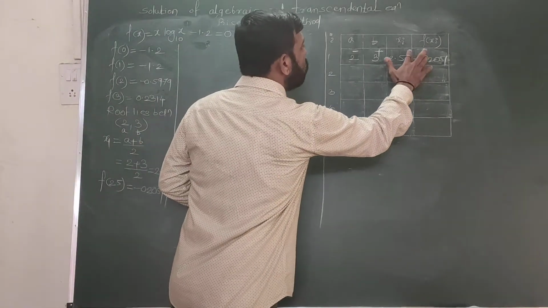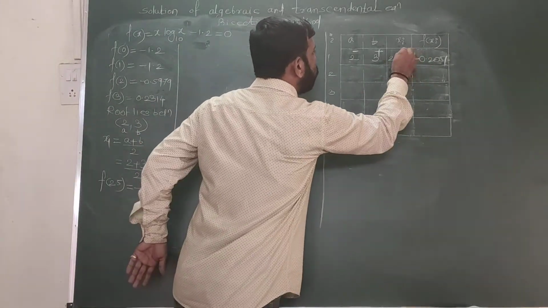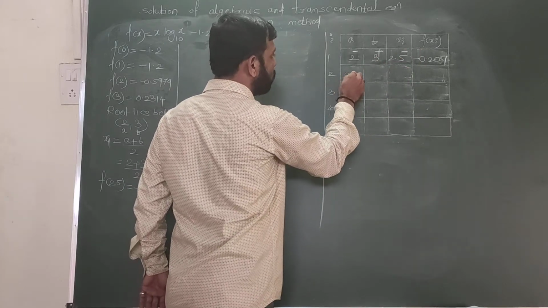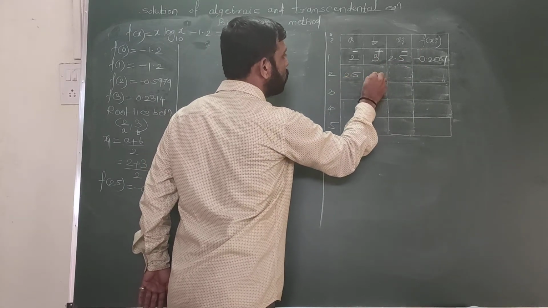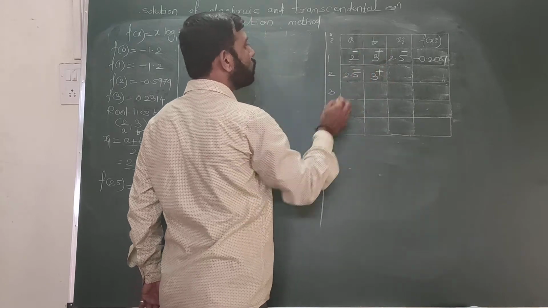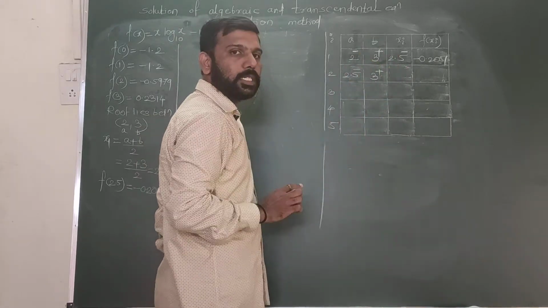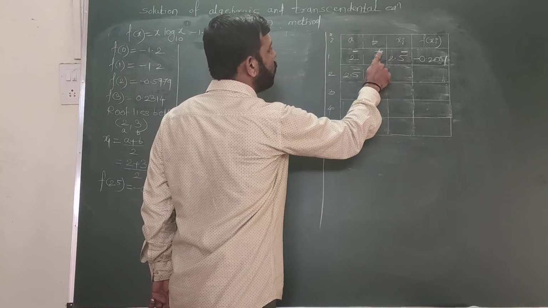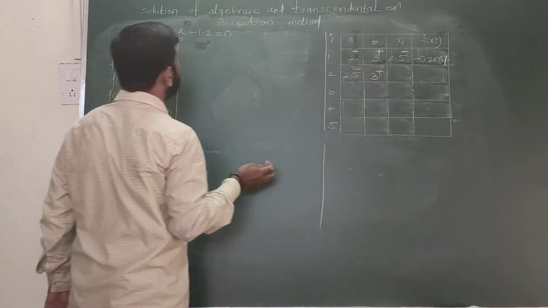Now that minus symbol goes to 2.5. Consider two opposite sign numbers, 2.5 and 3. The same sign terms we will not consider, the opposite sign terms we will consider: 2.5 minus and 3 plus. So we consider the opposite sign terms.